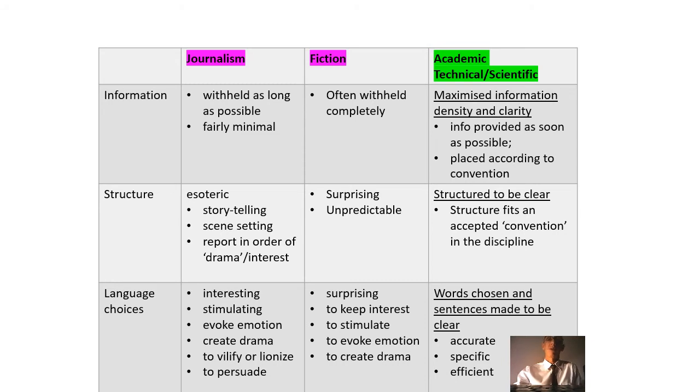But it's interesting to look at fiction and journalism in contrast to academic, technical, and scientific writing in terms of how information, structure, and language choices are made or given. And this will help you to see what is academic, technical, and scientific writing and what isn't. And in particular, most of what you might have learned until now isn't, just because that is the way that many of our education systems in high school are oriented.